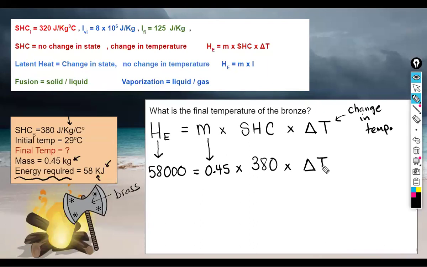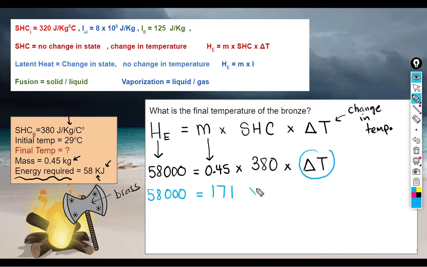So this is where your maths comes in, your algebra skills. We're going to try to solve for the change in temperature. So let's begin here. You have 58,000. Let's take 0.45 and multiply it by how much? 0.45 by 380. 171, right?